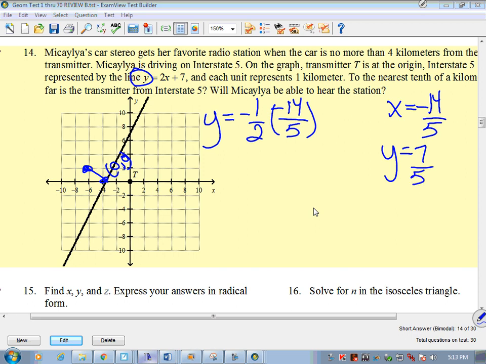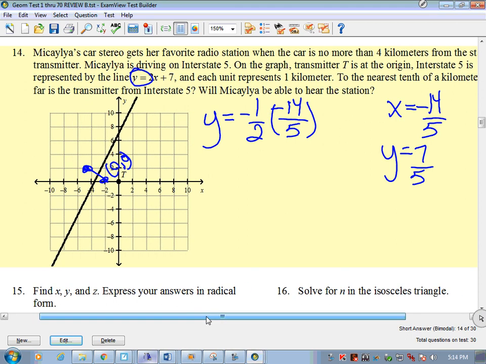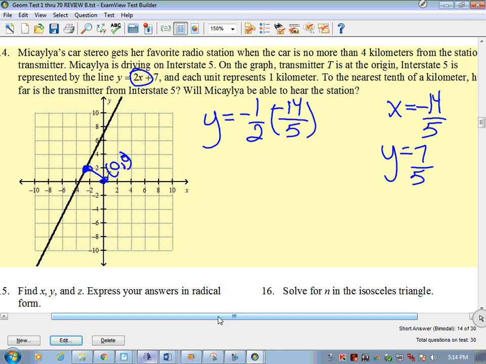So that is the coordinate, and somehow my stuff got moved. If I can move it back, we'll try to do that. So what you're seeing is that this coordinate right here shows up at negative 14/5 and 7/5.